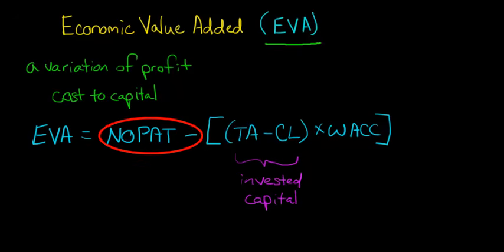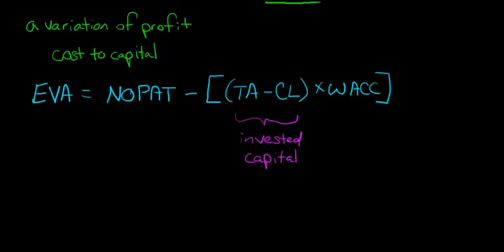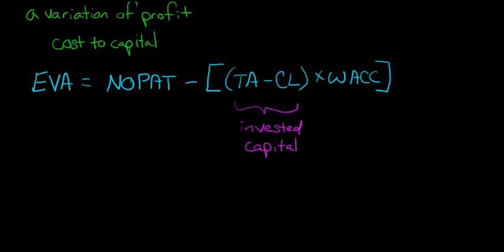It'll be easier when we put some numbers to it. So we say, okay, what is the EVA? Well, we're going to need to know these things up here. Let's assume that the expected return, our NOPAT, is $2,000.